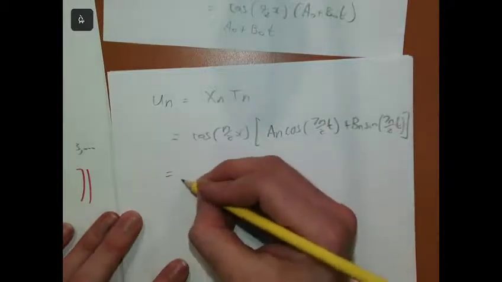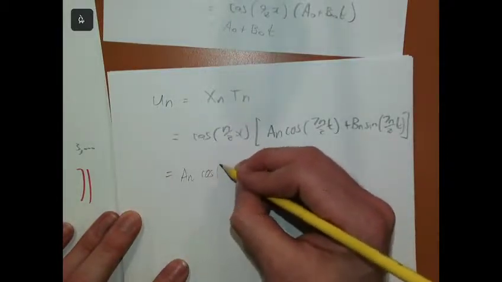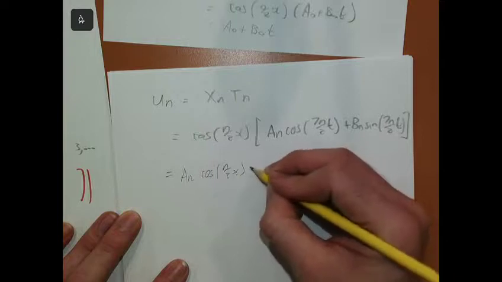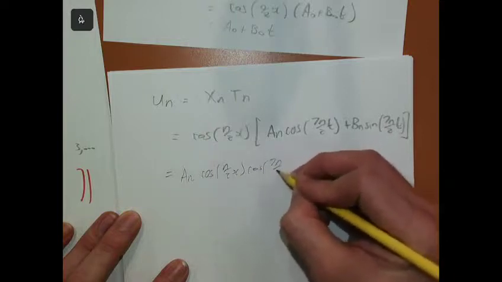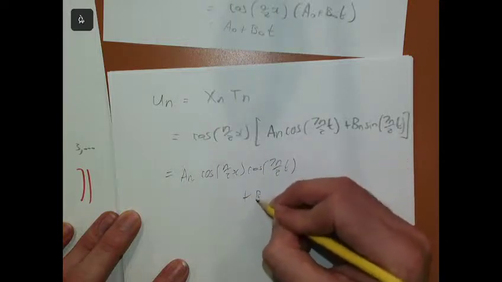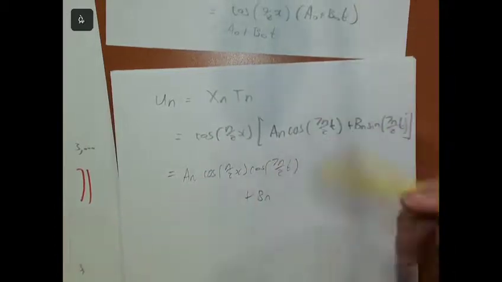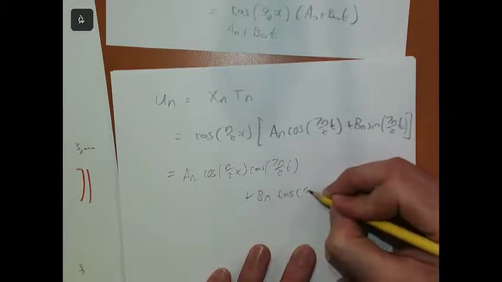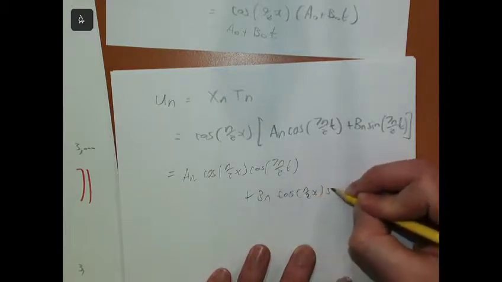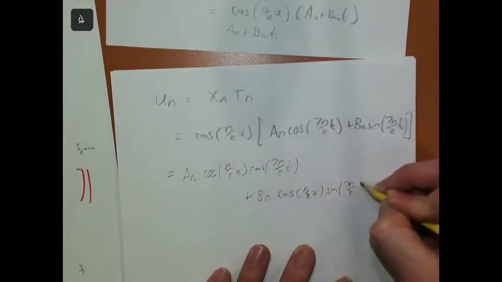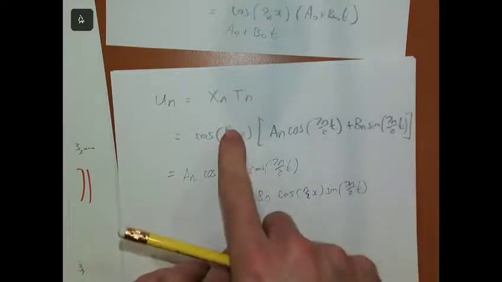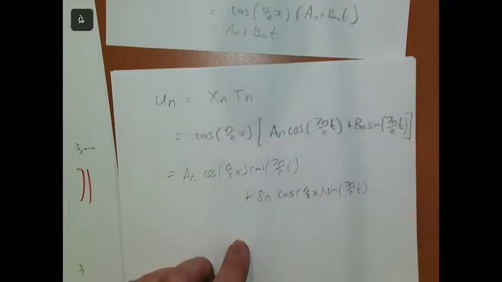So I have cos n on 2x, cos 7n on 2t, and bn sine cos n on 2x, sine 7n on 2t. So to bring that inside the brackets. That's just going to be a little easier for myself.